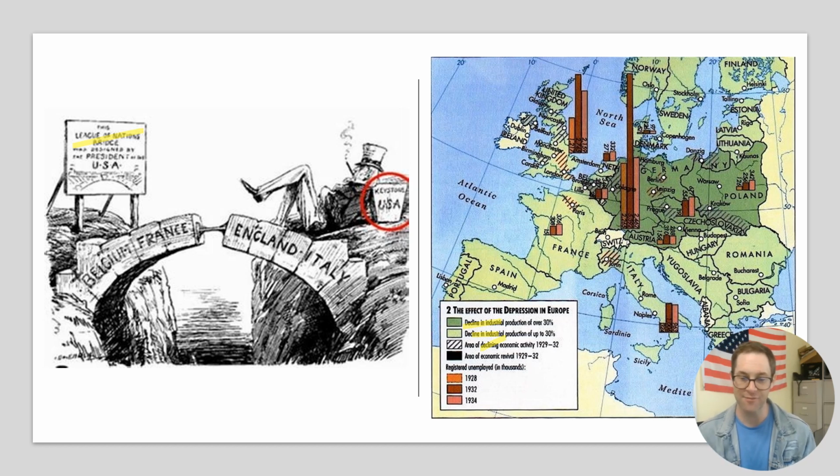But if that kind of got away from you and escaped you, look at the words that repeat themselves inside the key. It says decline in, declining. Things are going down. And what they're describing is industrial production, economic activity. What's going down are goods being made in factories and the amount of money being made.